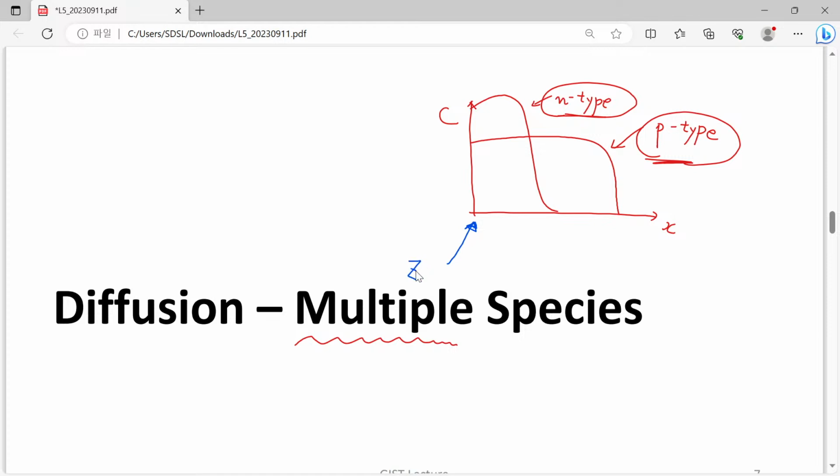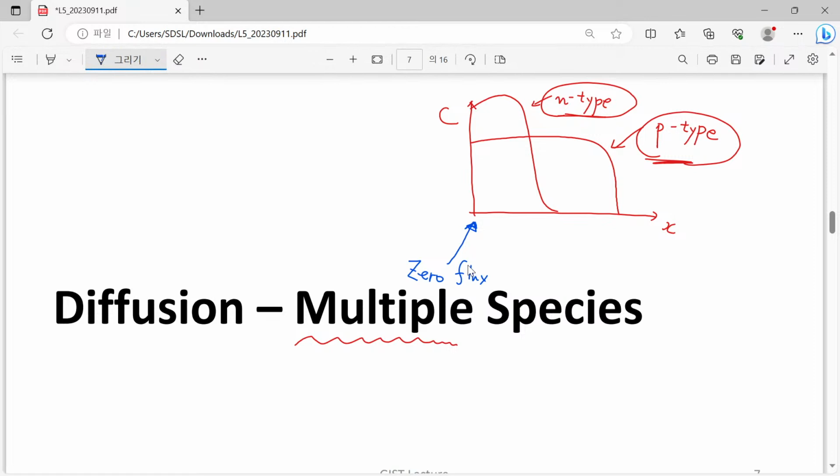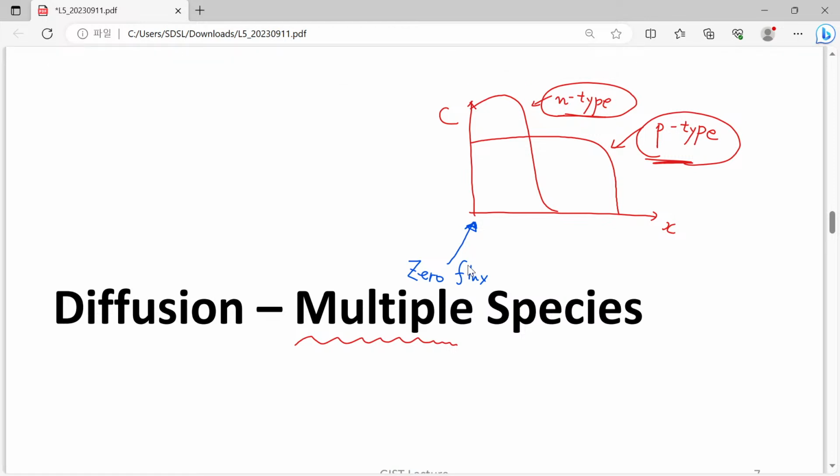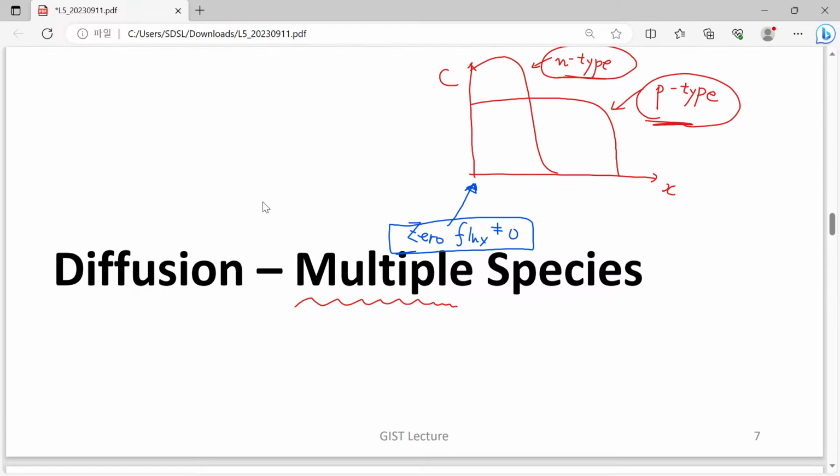Right now we are using zero flux or vanishing flux, but actually in a real semiconductor process, the flux is not zero. So we'll talk about it later, but right now please assume the zero flux at the top boundary. Oh, that was a really good question. I never thought of that, because I just took it for granted. So please take, for a while, this zero flux boundary condition for our top surface.